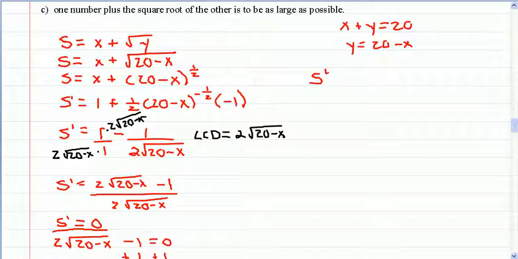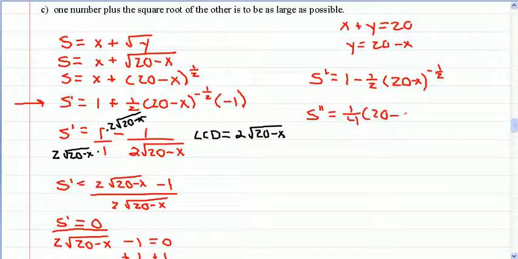So if I rewrite the first derivative in this form, I have 1 minus 1/2 times 20 minus x to the negative 1/2, and I take s double prime, which is positive 1/4 times 20 minus x to the negative 3/2.